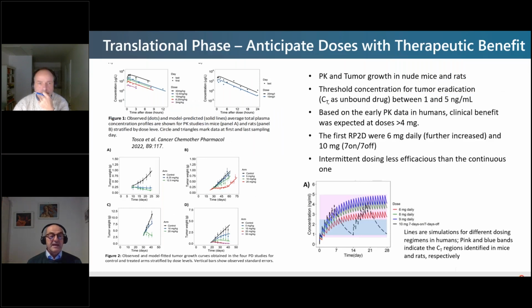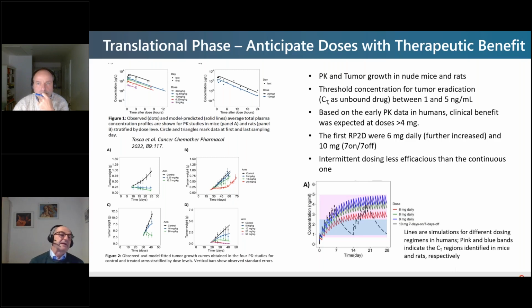And the PK in mice and rats was modeled simultaneously in both species using essentially an allometric correction. Tumor growth and tumor growth inhibition were modeled using a popular model, the Simeoni model, that is a standard model used for this kind of purpose.